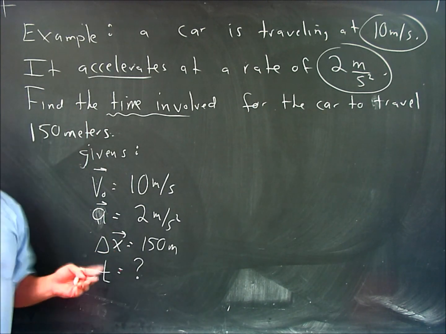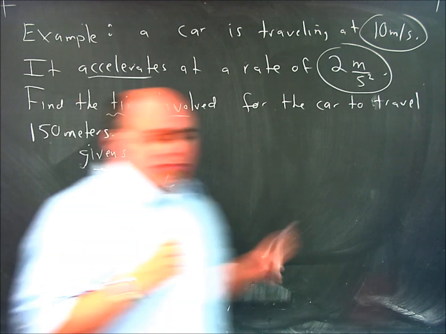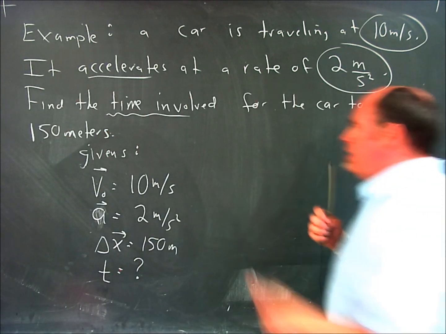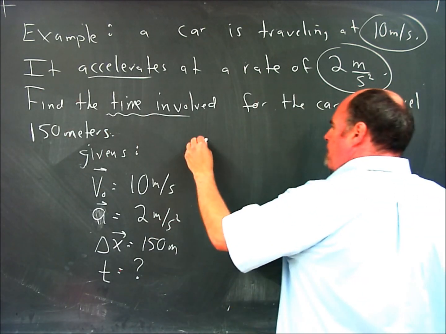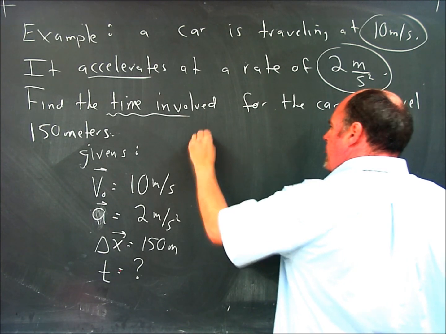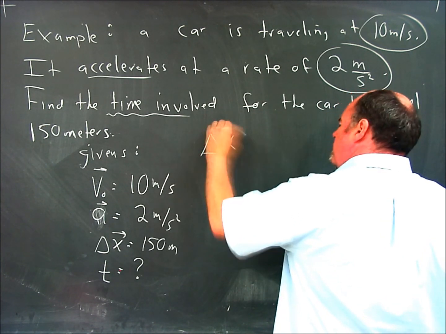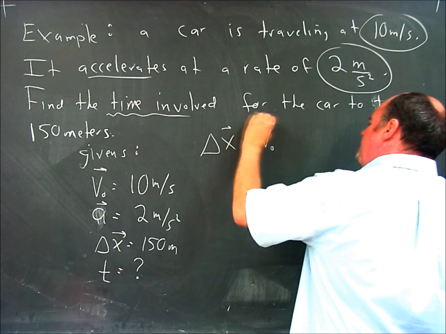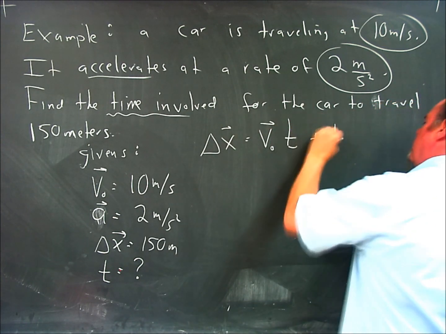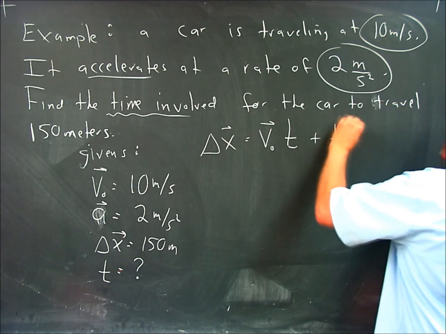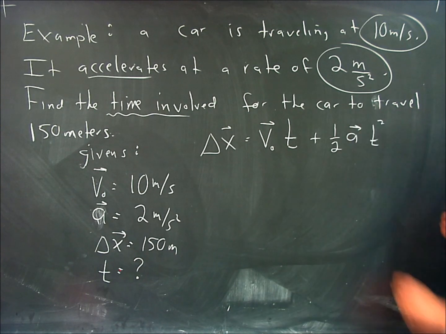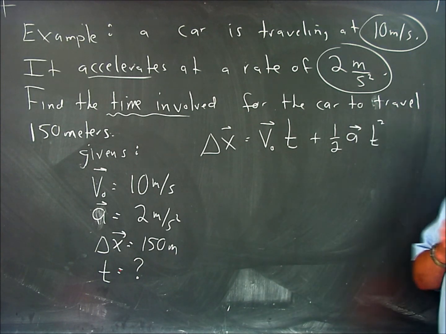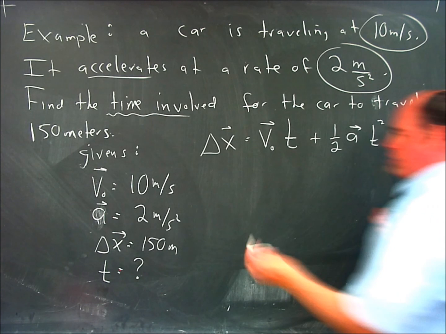So if you're going to use those four formulas of constant acceleration, just plug everything in, what you're going to get is this. You would pick this formula. Okay. If you try to plug everything into this particular formula, you're going to get something that looks like this.